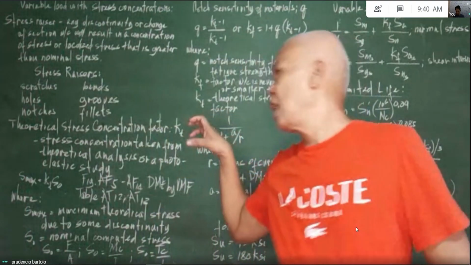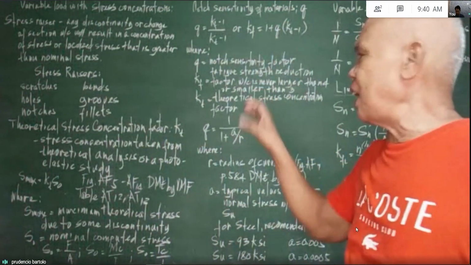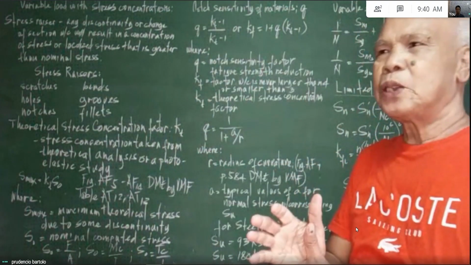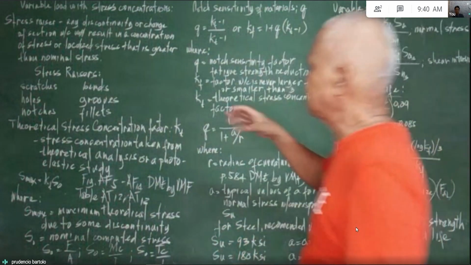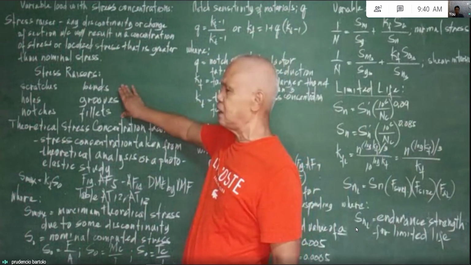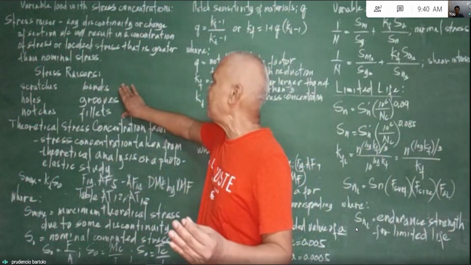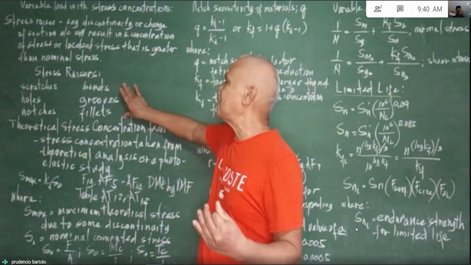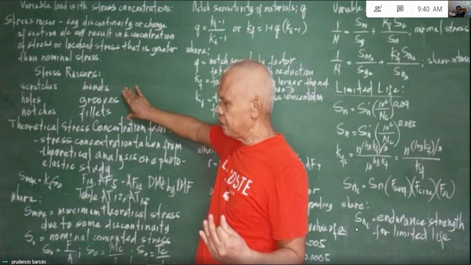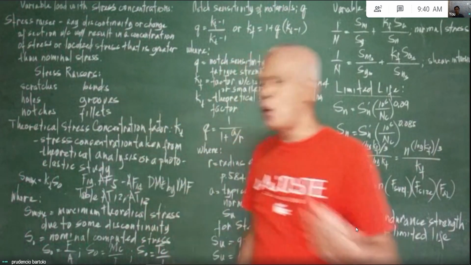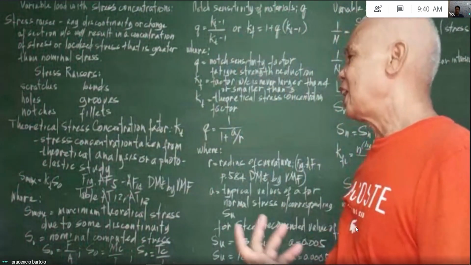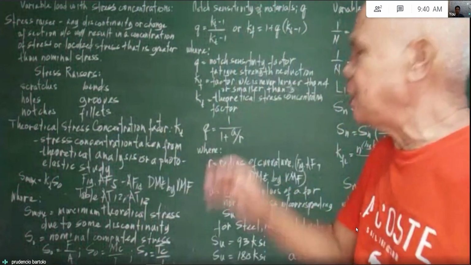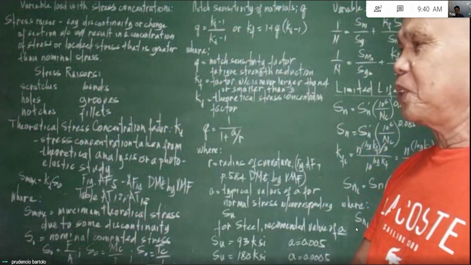Now, there are sometimes stress raisers that are needed in a given element or in a given system, to correct or to check other external effects on the system itself.